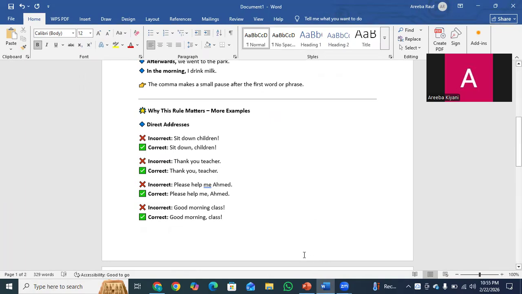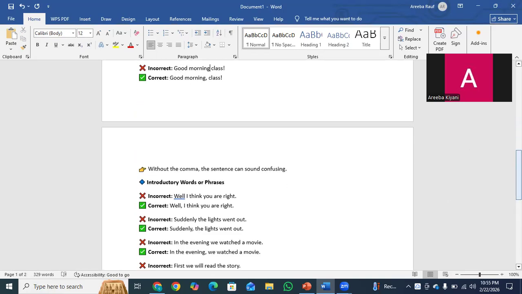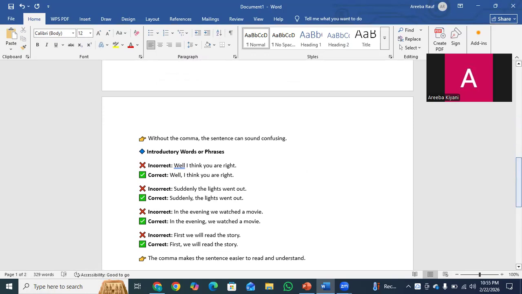Please help me, Ahmed. We ask Ahmed to help me, so we put a comma after this part. Good morning, class. The teacher says this to the students, so we put a comma after this. Without the comma, the sentences can sound confusing, like we can't understand them properly.